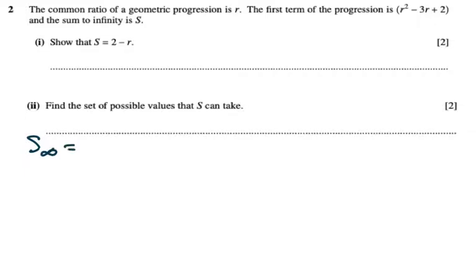Sum to infinity is a over 1 minus r, provided your r value, your modulus r is less than 1. What does that mean?